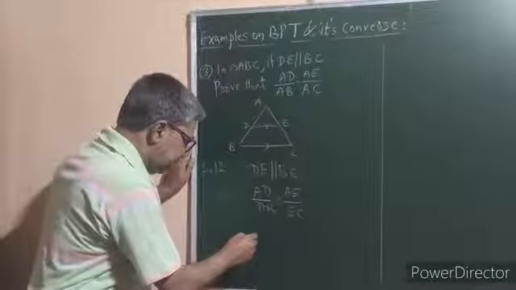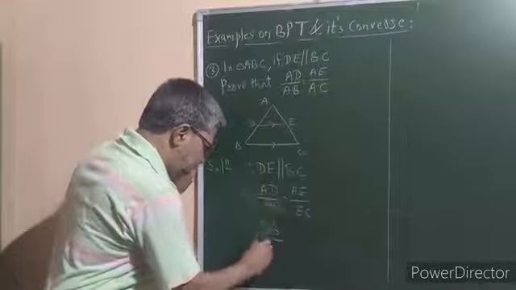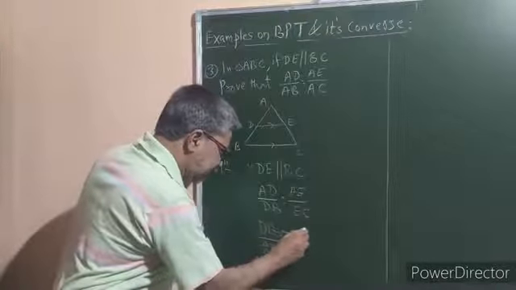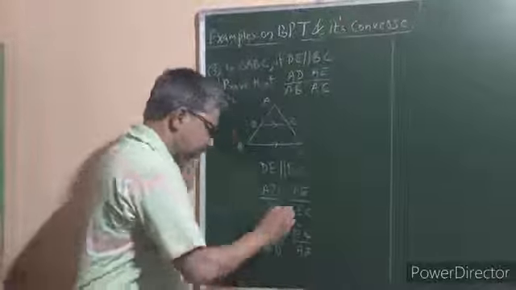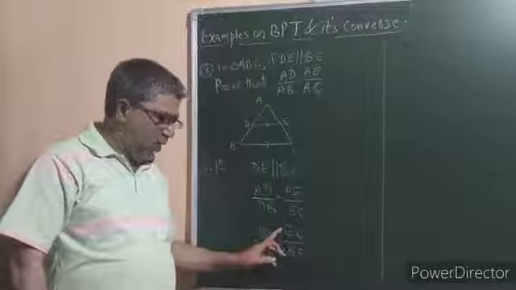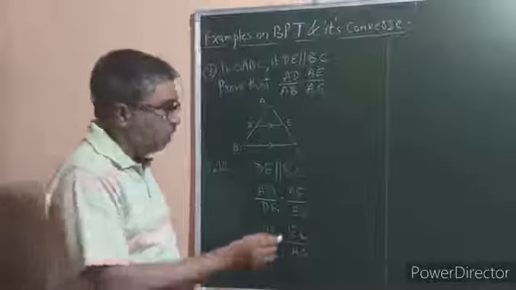So by taking reciprocal, we will be getting DB upon AD equaling EC upon AE. So this is the first step. Now adding 1 to both sides. Let us add 1 to both sides.